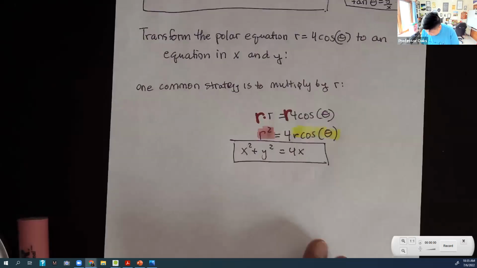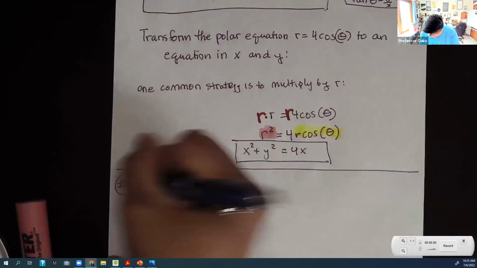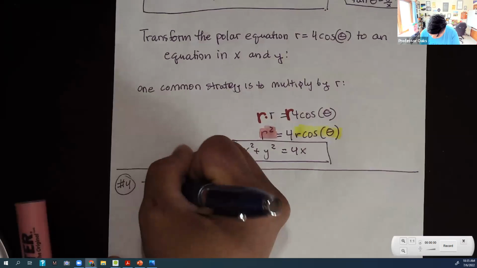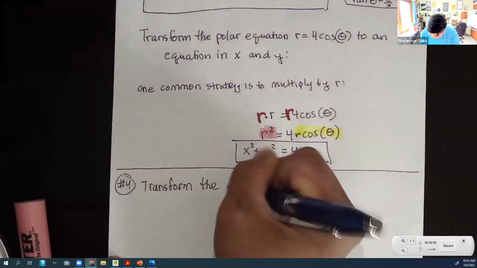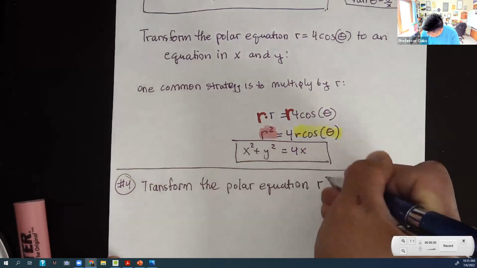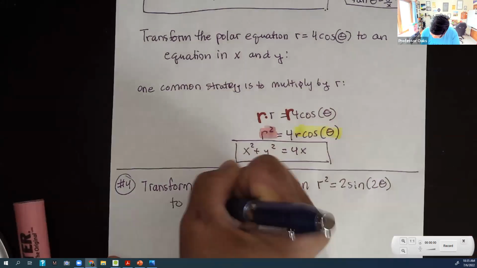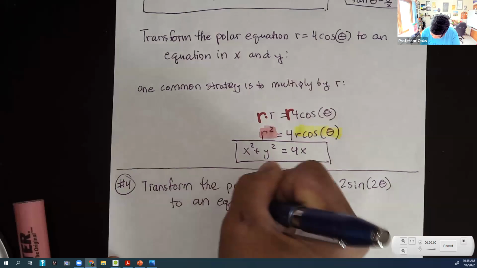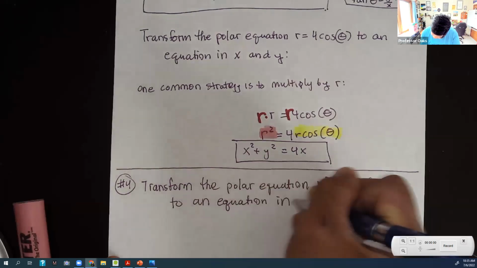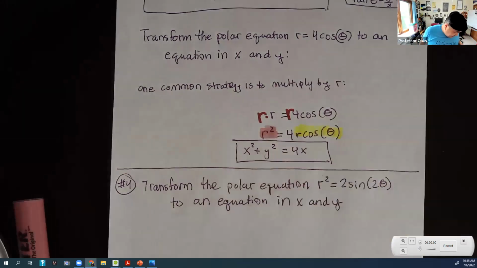And then number 4 is: transform the polar equation r squared is 2 sine of 2 theta to an equation in x and y.